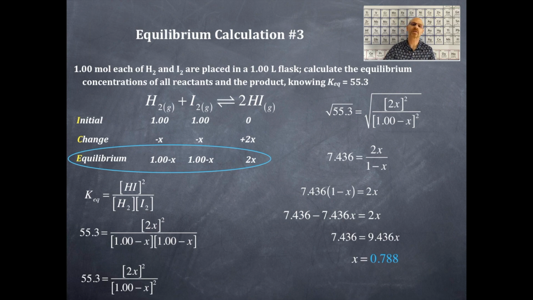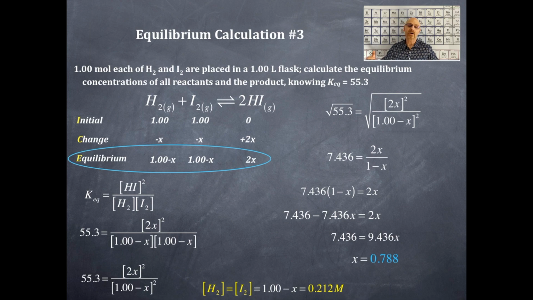I'm going to do the same thing with the iodine at 1.00 minus x, which is 1.00 minus 0.788. And that's what I get right here. So the hydrogen concentration is equal to the iodine concentration, which is equal to 1.00 minus x. I'm going to plug in that x value, and I'm going to get 0.212 molar.